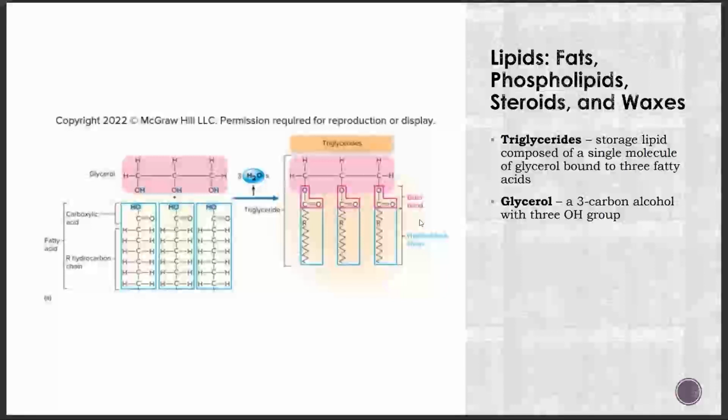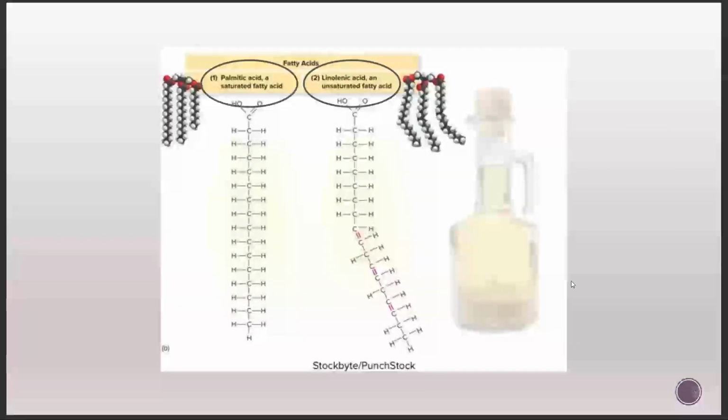Triglycerides often come up when we talk about fats and nutrition. Glycerol is a 3-carbon alcohol. So we have our 3 carbons here, and then here's the alcohol OH group on each. We'll often see when we discuss fatty acids that they can be saturated or unsaturated.